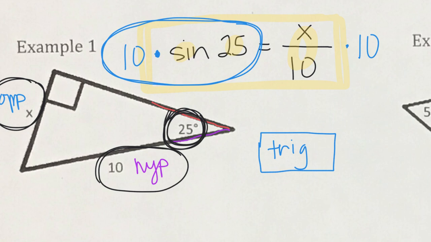Now, here's another thing you need to be aware of. In the top right corner of your calculator, you might see some words. You might see the word rad, or you might see the word deg. These are two different types of angle measures. Rad stands for radians, and deg stands for degrees.